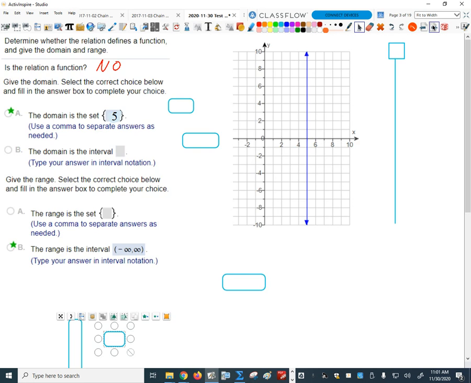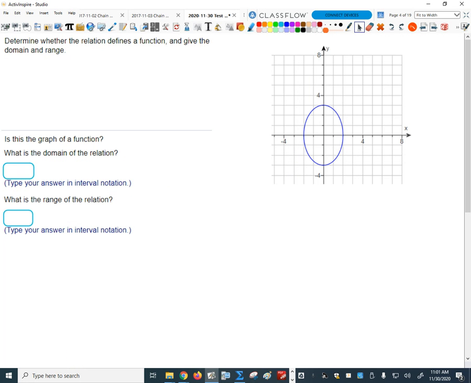Okay. All right. How about this? Another one. Determine whether this relation is a function or not. So what do you think, Aurelia? Is that blue graph a function? No, it clearly violates the vertical line test. So it's not a function.